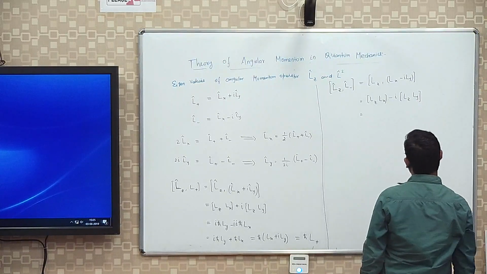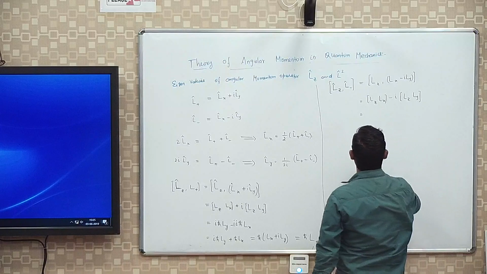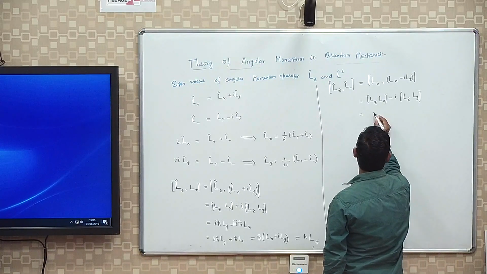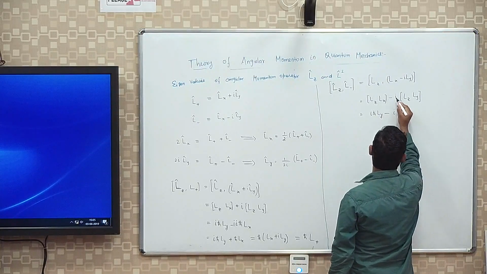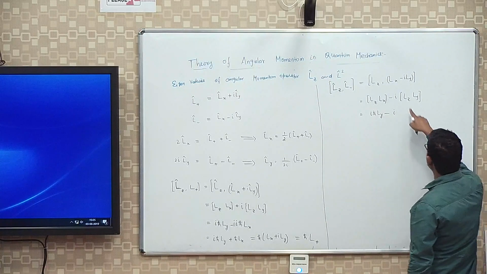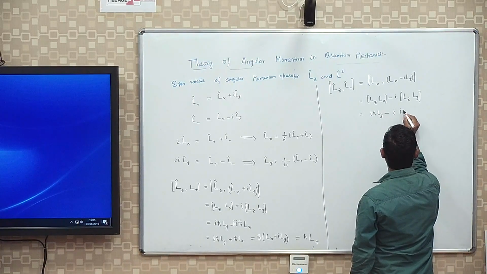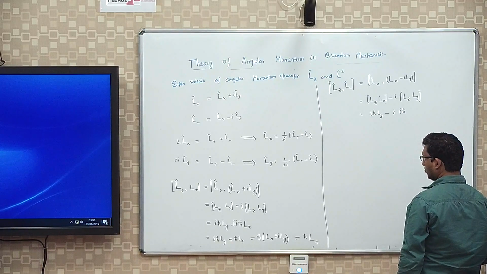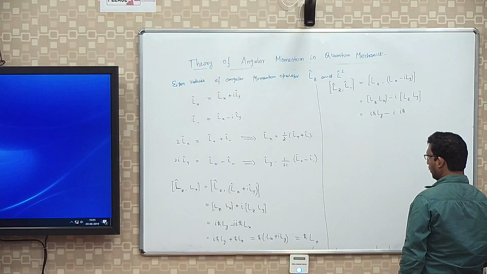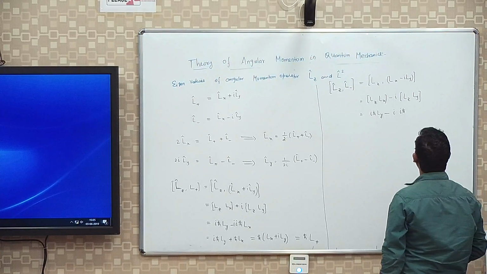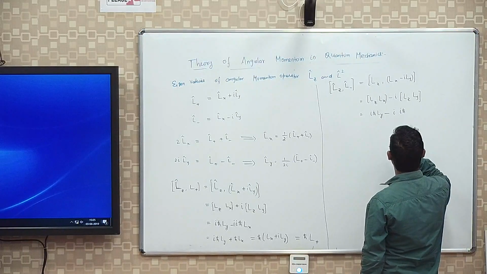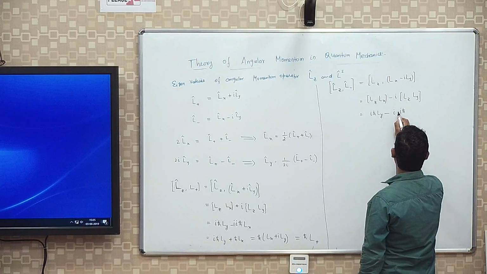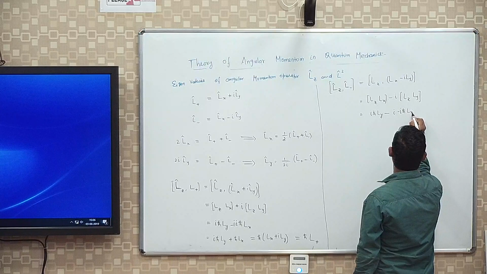So Z followed by X is the cyclic commutation, so i h cross Ly, one i already there, and this is a non-cyclic, so one negative sign we have to add here.